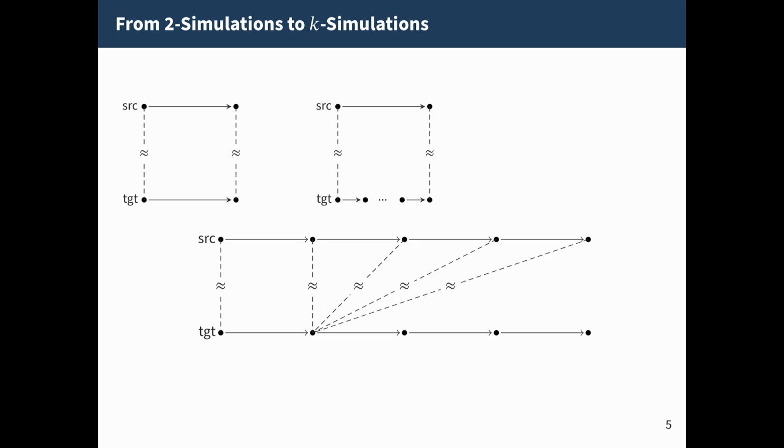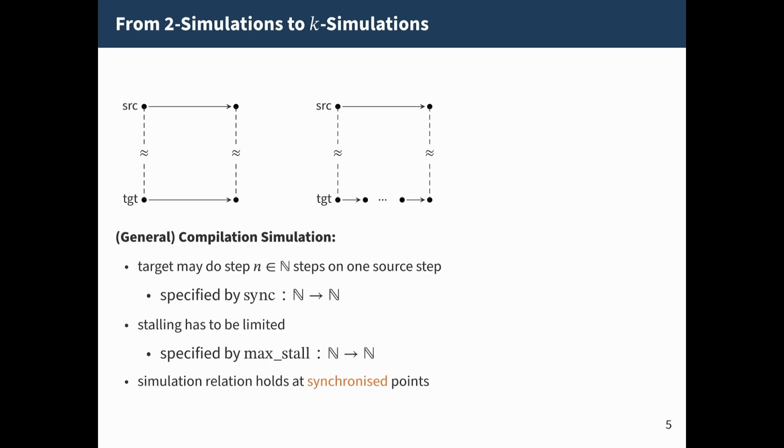And in the definitions of these general compilation simulations, this is accounted for by using some technique that prevents this from happening. So we have to somehow guarantee that we are making progress on the target trace all the time. So what is used are measures or fuel notions. And we define this here where we have this sync function, which basically says, okay, we are at some point in the source trace.